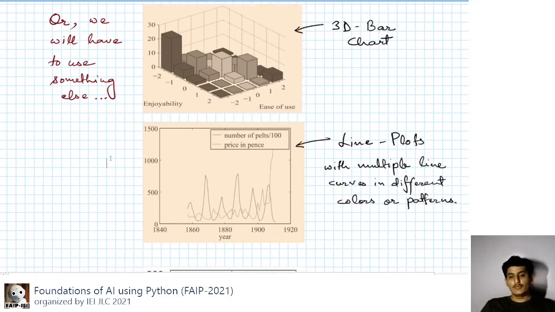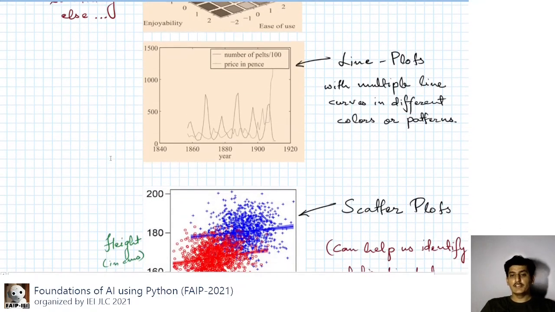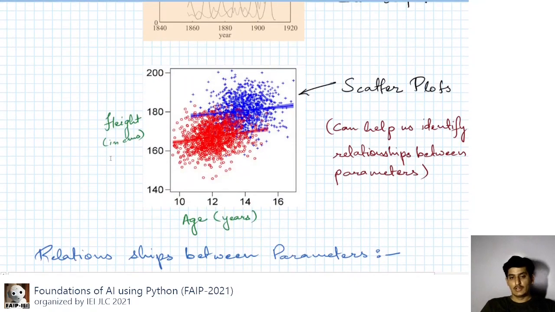So now what if we want to understand the relationship between those parameters? Here is an example. Let's say you collected the data of age and height in a particular school, and then you plotted it. For a particular sample, let's say there is this one sample for student one whose age is 11 years old and whose height is maybe 158, maybe something.